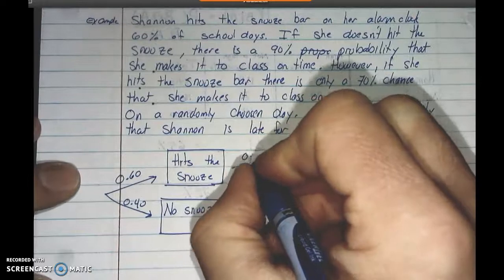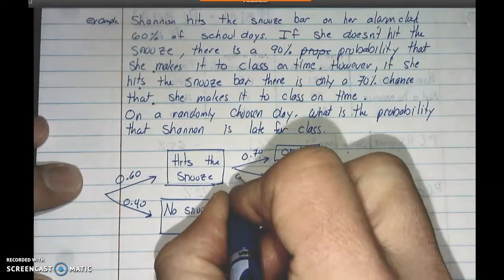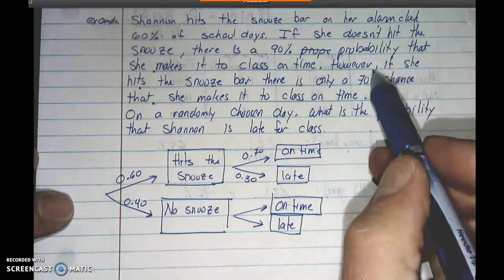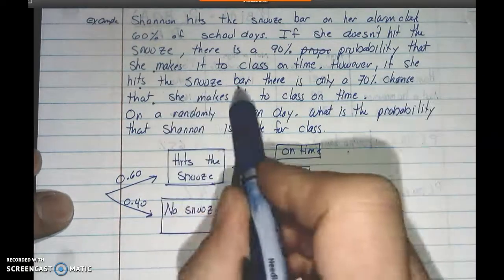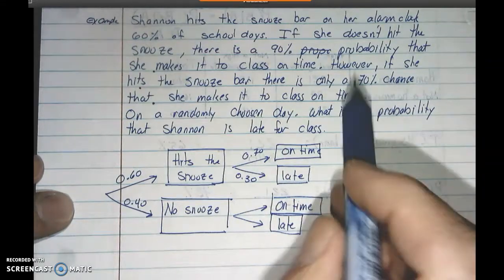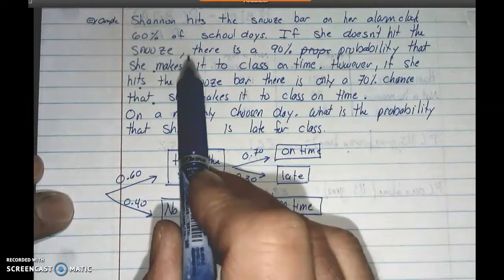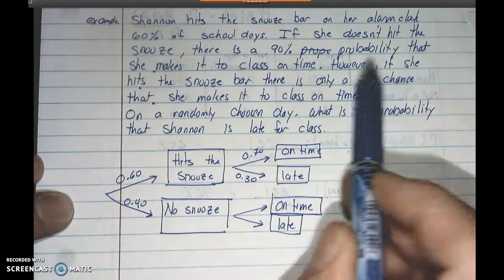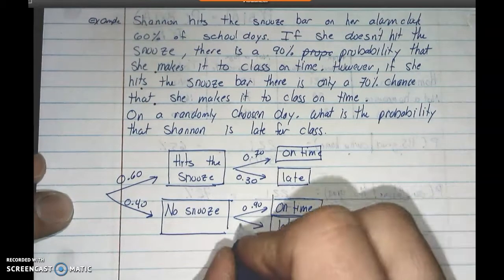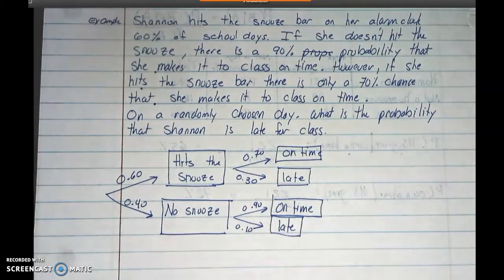Okay, 70%. And this one is 30. If she hits the snooze bar, there's only a 70% chance that she makes it to class on time. And if we go up here, she doesn't hit the snooze, there's a 90% probability that she makes it to class on time. So on time and not on time.